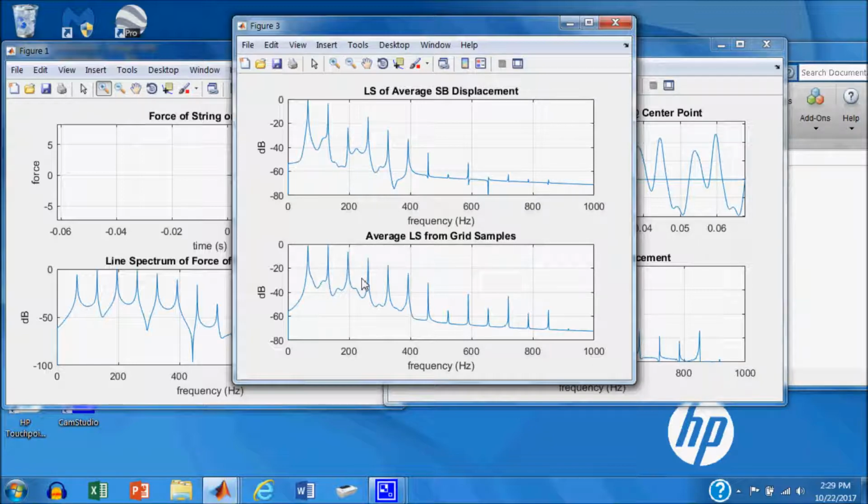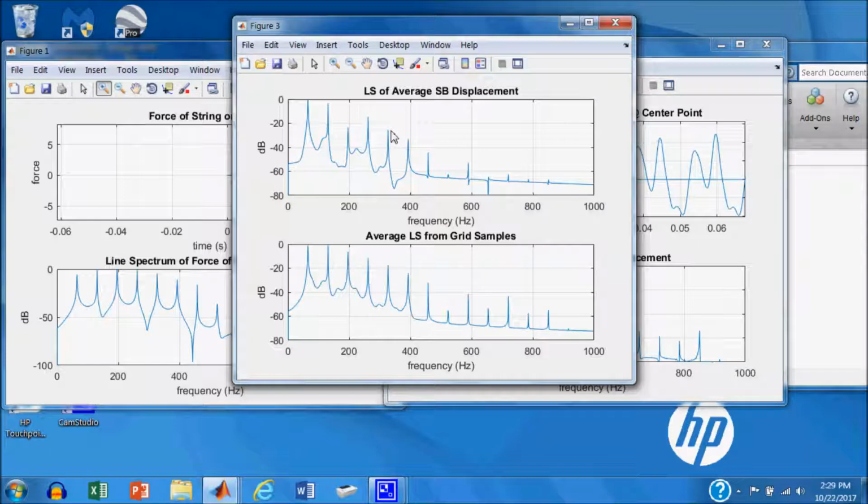The alternative is to keep the samples at each spot on the soundboard, and after the simulation is finished, calculate the line spectrum at each of those points and then average that. Now the downside of using this average up here, where I take the average soundboard displacement at every instant of time, is there can be some cancellations.